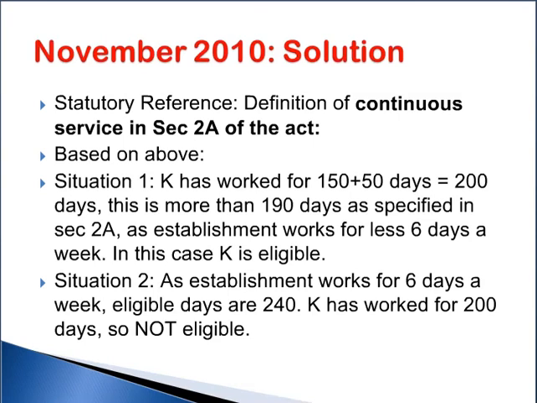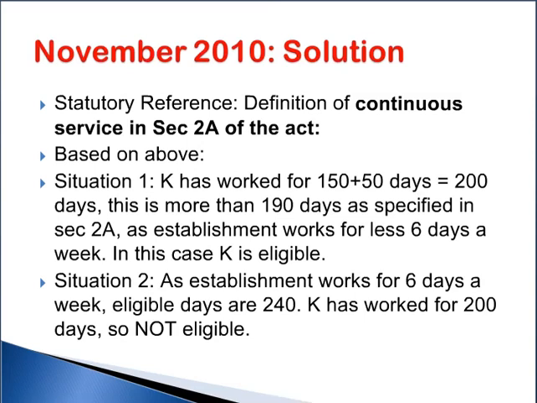The solution to the above problem is based on the definition as we have read under section 2A of the Act for continuous service. Based on this, the answer to the question is in two parts. First one dealing with situation 1, where it has been stated that K has worked for 150 plus 50 days, that is 200 days.